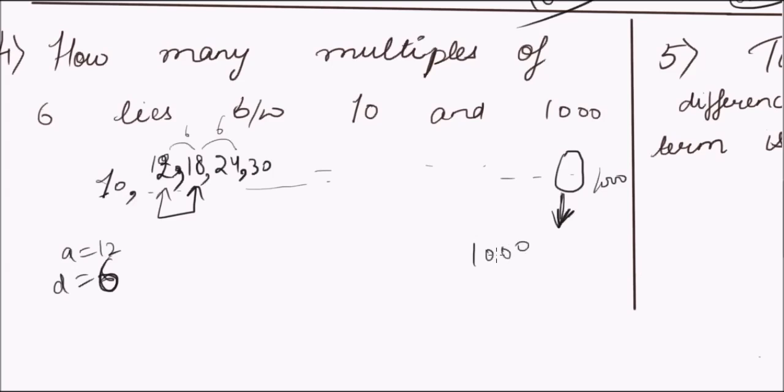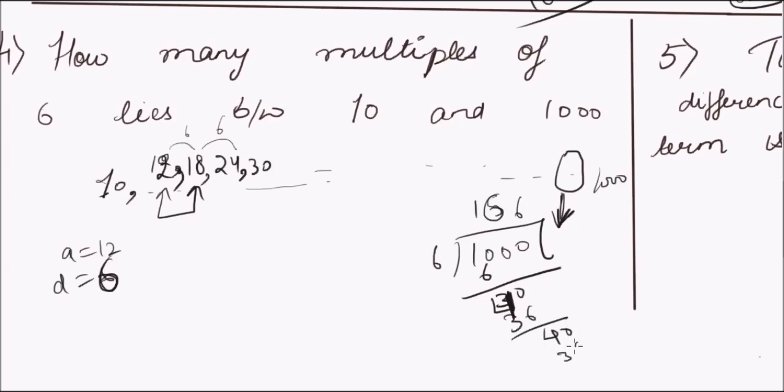We can check whether 1000 is divisible by 6 or not. Clearly we are having some remainder left, therefore it is not divisible by 6.